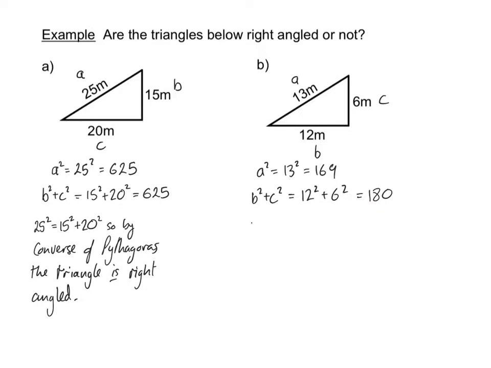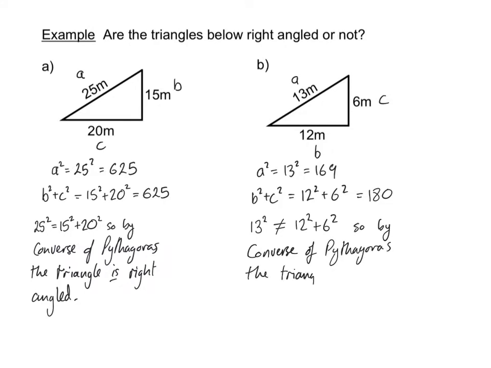We're going to say that 13 squared is not equal to, and again look there, we're using the not equal to symbol, 12 squared plus 6 squared, and therefore by converse of Pythagoras, the triangle is not right angled.